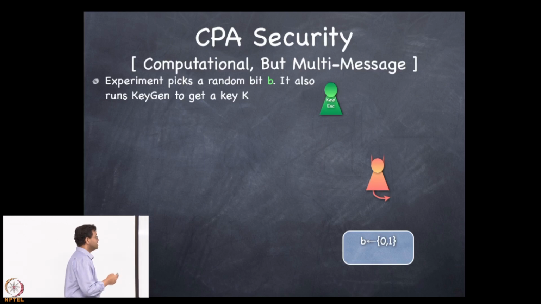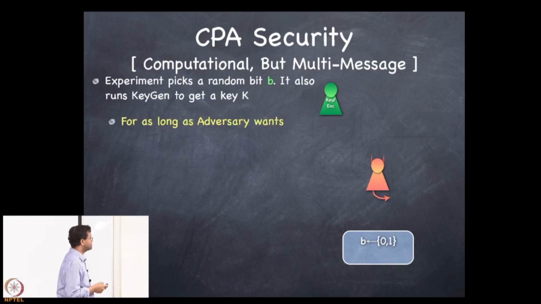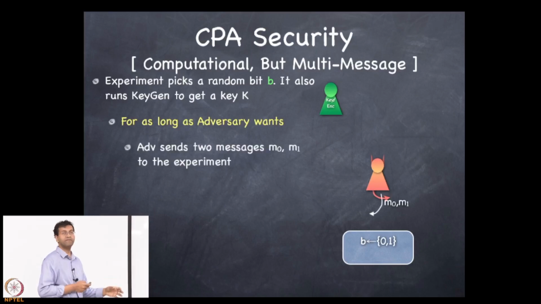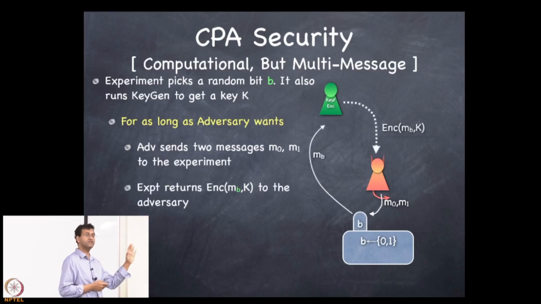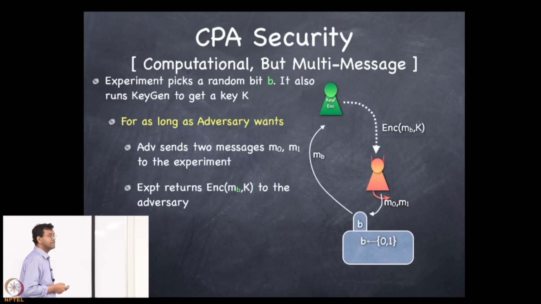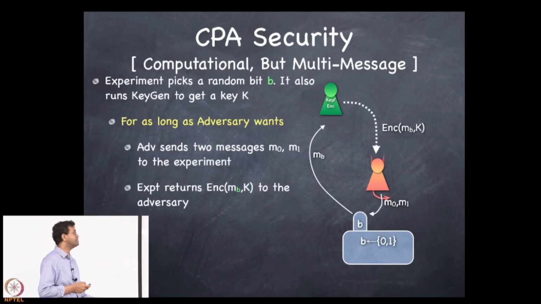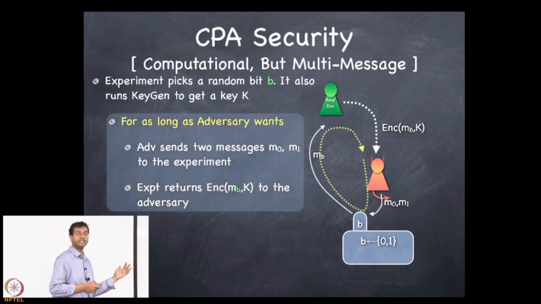It starts off as before, the experiment picks a bit B, but now for as long as the adversary wants, it will pick a pair of messages. So each time it can pick a different pair of messages. We will pick MB out of it. So B is fixed throughout, and we will encrypt this MB and give it to the adversary, and the adversary can keep repeating this.